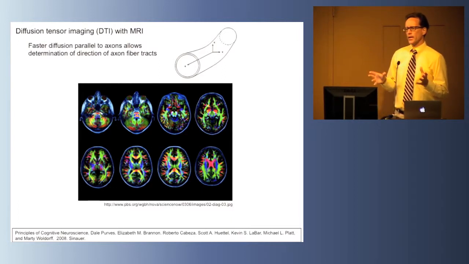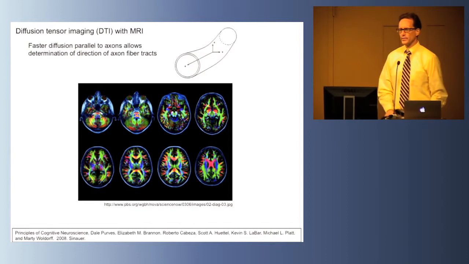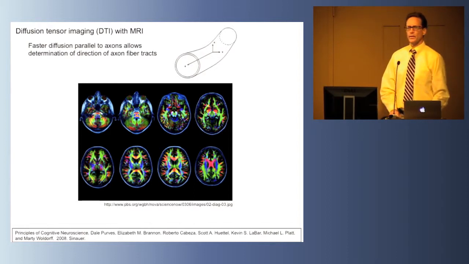And so it turns out during development, the quality of the diffusion tensor imaging signal varies as the fiber pathways are gaining the structure of maturity. Those are some of the major methods used to study or image the structure of the human brain.